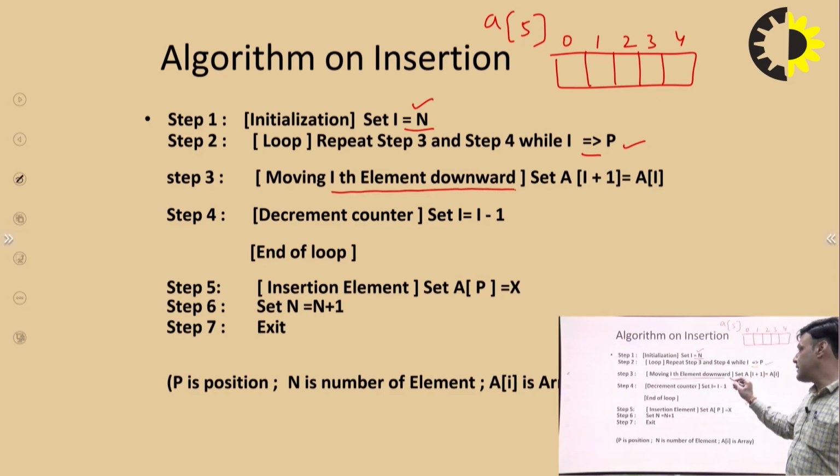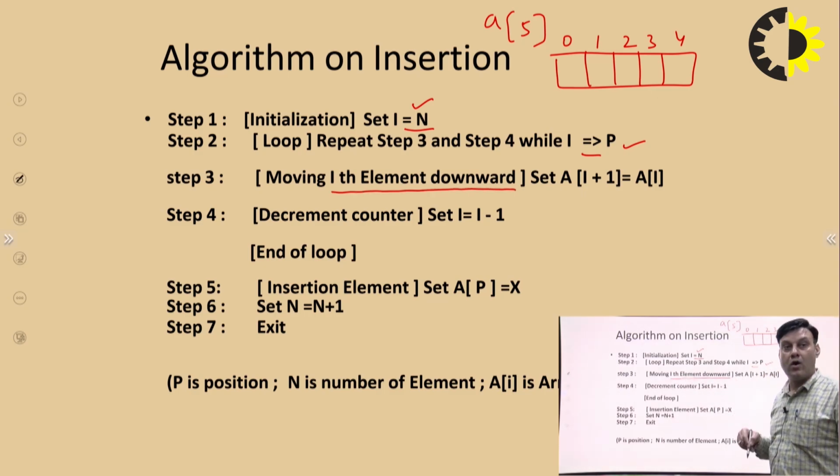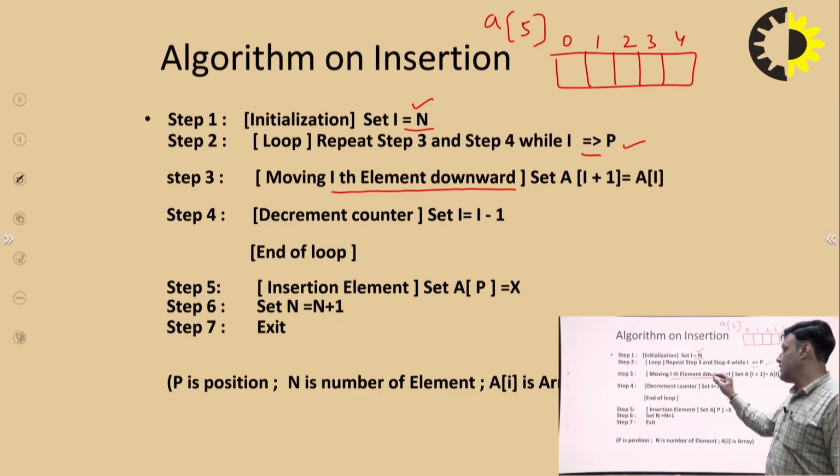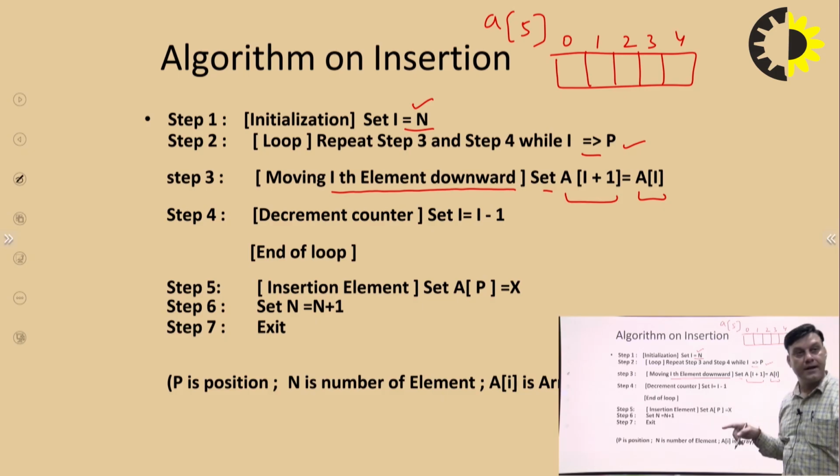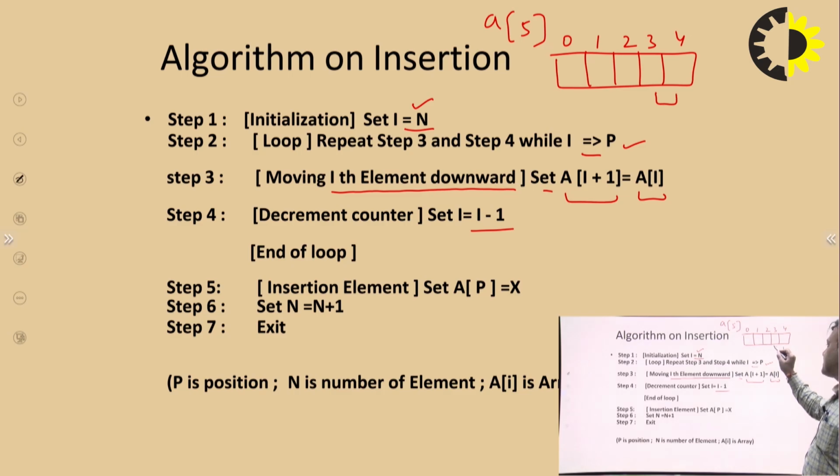Moving the ith element downward means that shifting will take place, right? Set A of I plus 1 equal to A of I, right? The decrement loop will go on because shifting means there is some sort of connection established between these index positions, right?